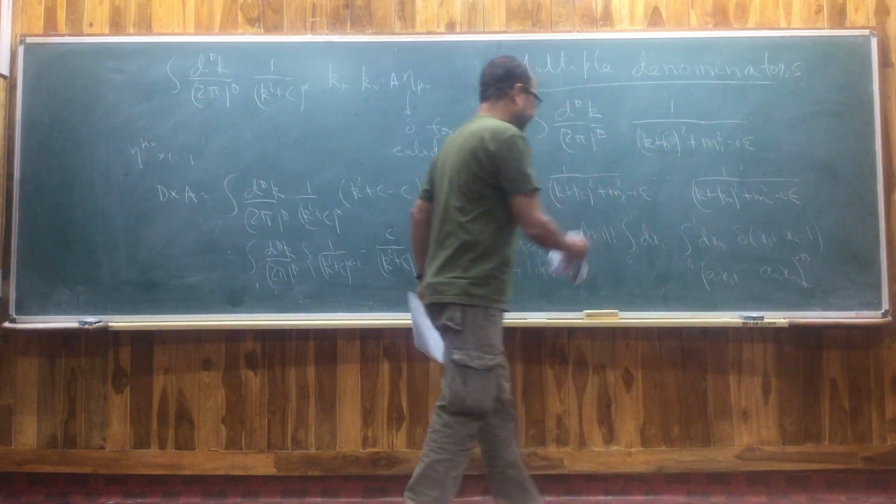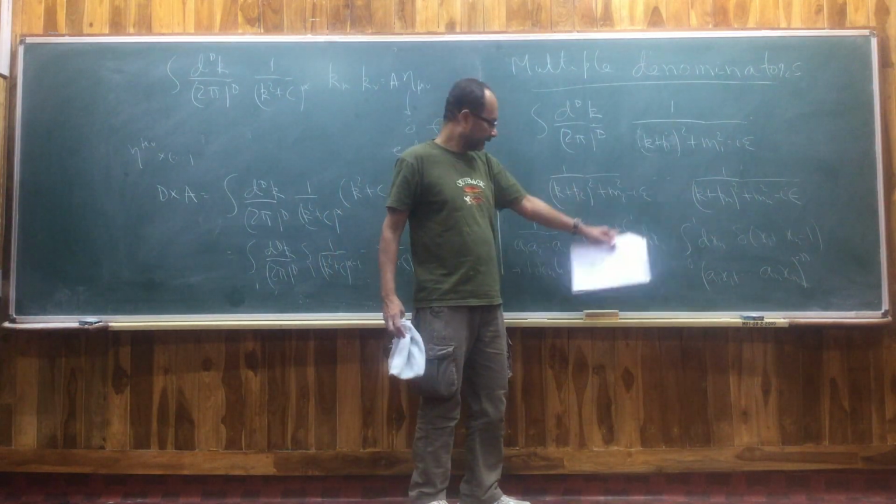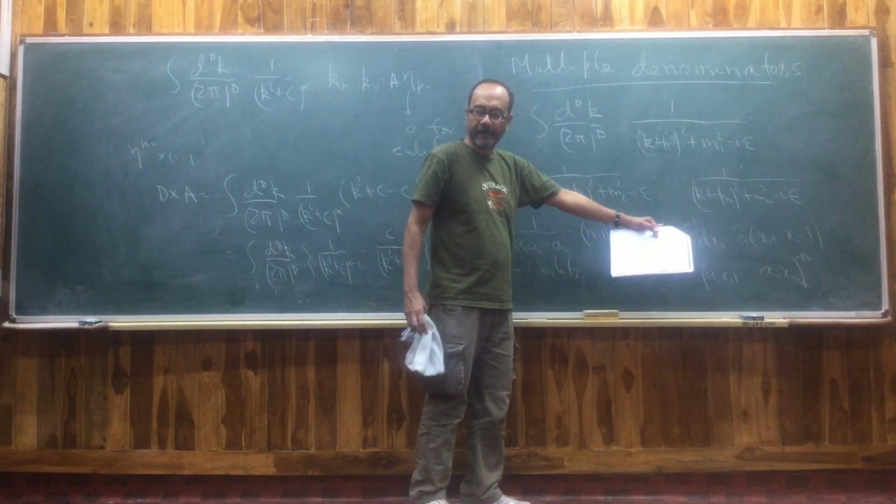Using this identity, what we can do is combine all these denominators together into a single denominator with a higher power.